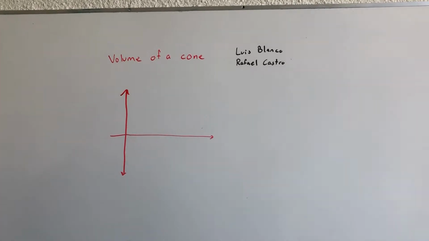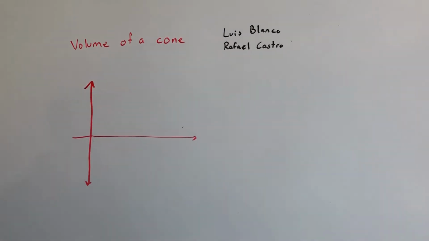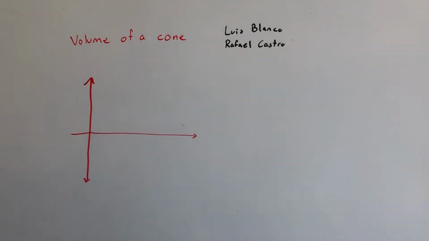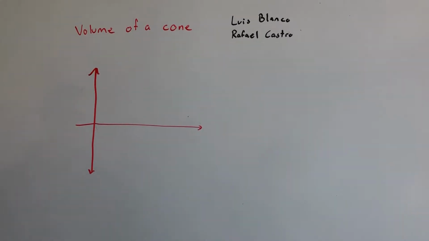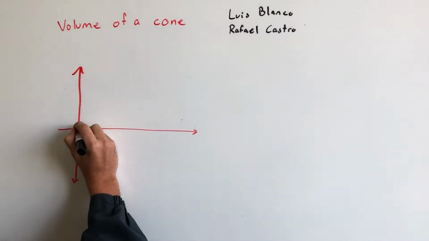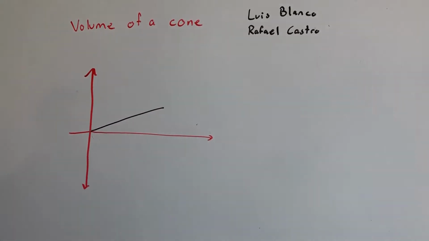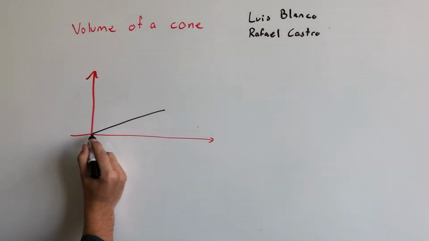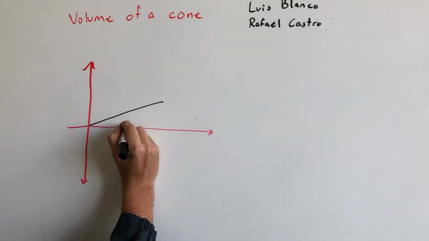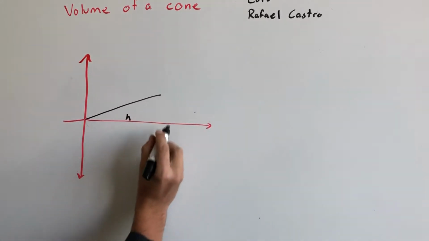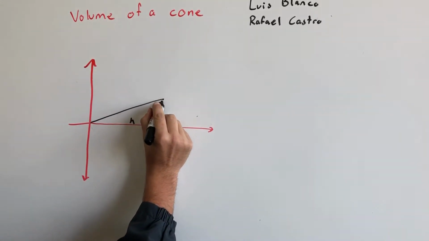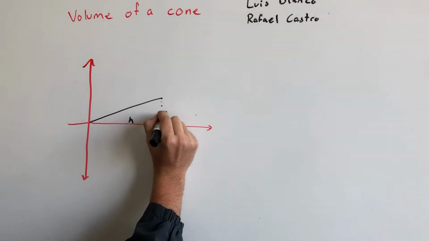To find the volume of a cone through a solid of revolution, first we have to draw a line with origin at 0, like this. We know that the x-axis has a length of h, and the y-axis has a length of r.